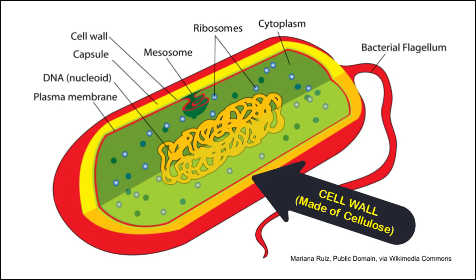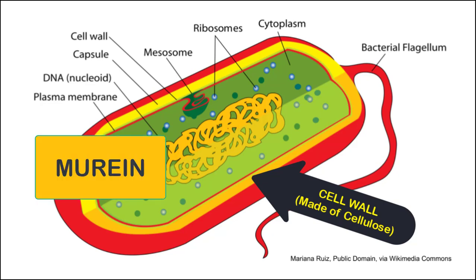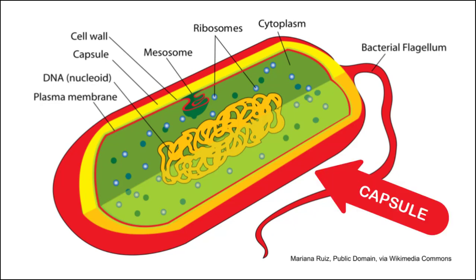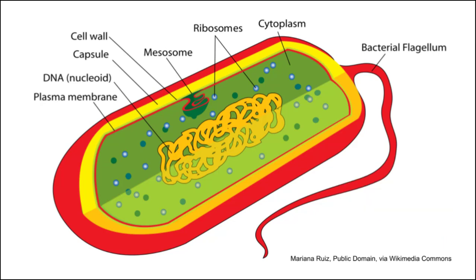The cell walls that surround the prokaryotic cell are made up of a polysaccharide peptide mesh called murein. And as we mentioned in the beginning, some prokaryotes have an additional protective layer called a capsule. It is compact, slimy, and protects the prokaryote from dehydration, as well as from other parasites, such as phagocytes.